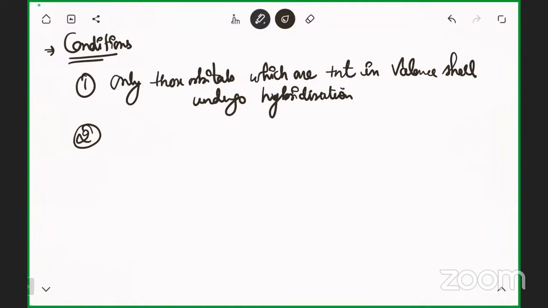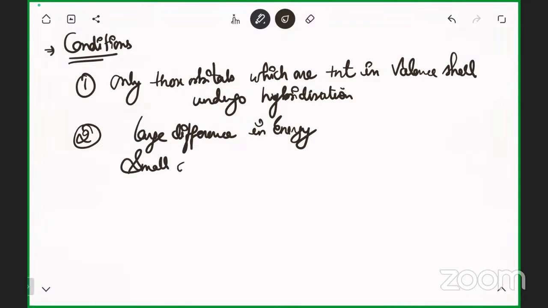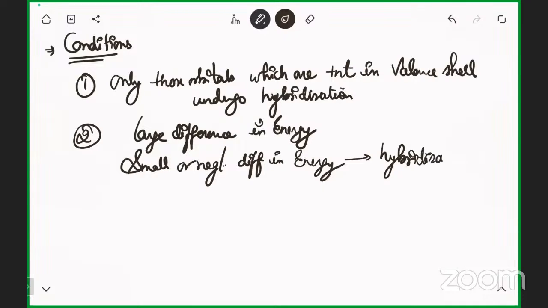So comparing a large difference in energy and a small or negligible difference in energy, only the small one undergoes hybridization, while in case of a large difference in energy between the atomic orbitals, there is no hybridization.